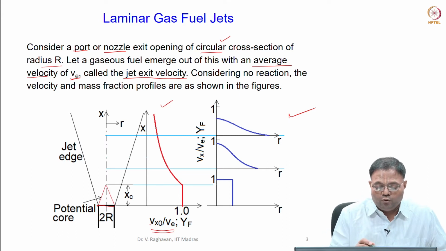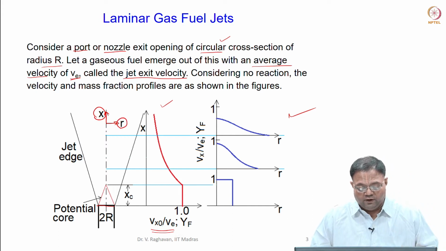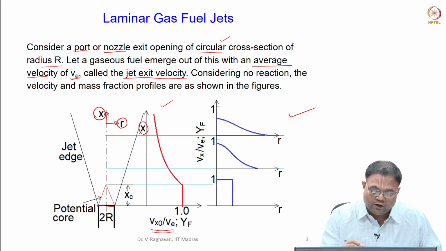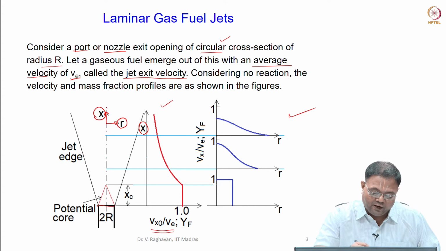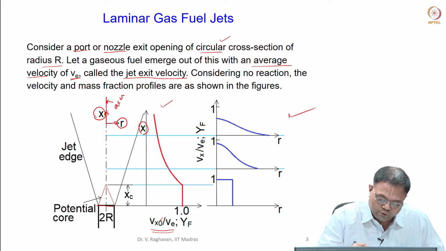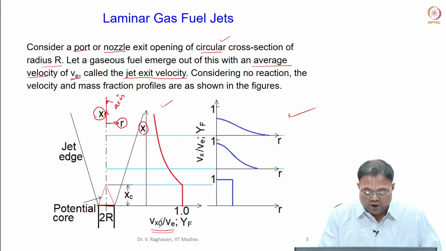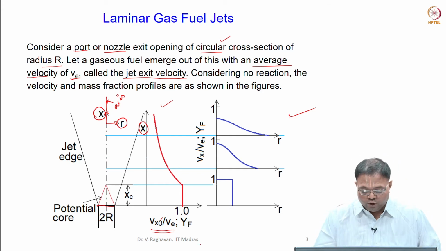This is an axisymmetric jet, so you have two coordinates in cylindrical polar: the axial coordinate x and the radial coordinate r. In these coordinates, we plot as a function of the axial coordinate the quantity Vx0 divided by VE, that is, the axial velocity at the center line. The 0 represents r equal to 0, so this is the axis of the axisymmetric jet, and we plot the velocity along the axis, normalized by the exit velocity VE, which is the average velocity with which the fuel is coming out.